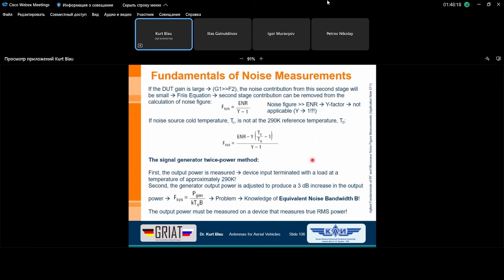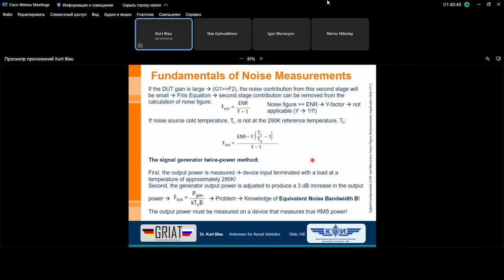What we must have is that the output power of such a generator must be very precise at very low levels. This means that if you reduce the output amplitude of this signal generator, it must have a very high range of allowed attenuation.